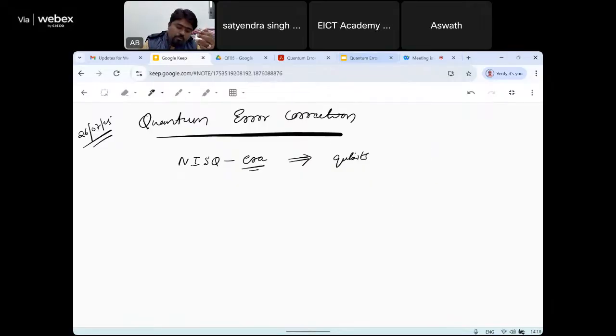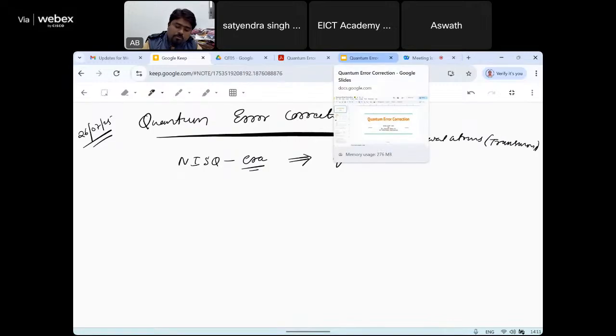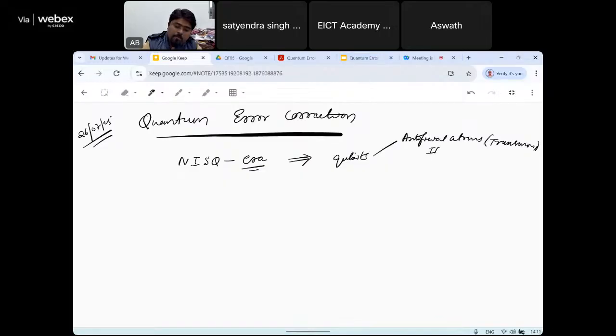Qubits could be realized by artificial atoms, which are transmons. Yesterday we had a brief discussion. Like IBM, and in India, QPI, they are the ones who started coming up with quantum computers.